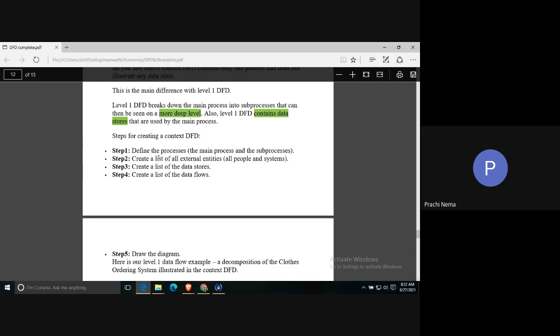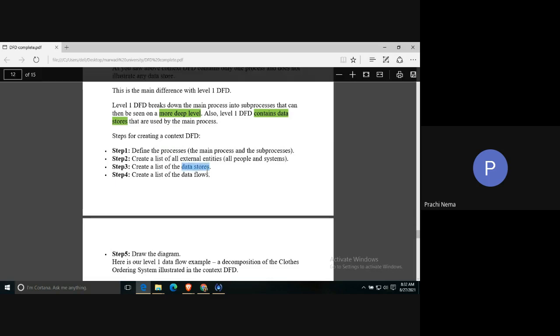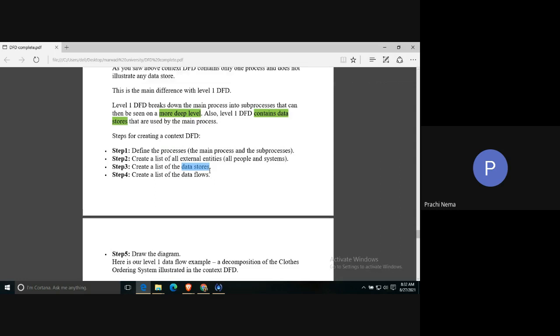Second step is same. You have to create a list of all the entities, that is the people and system involved in your system. Okay. Step 3 here is a new one which says you need to create a list of the data stores. You did not have data store in level 0 DFD, but now you can have data repository or database in level 1 DFD.